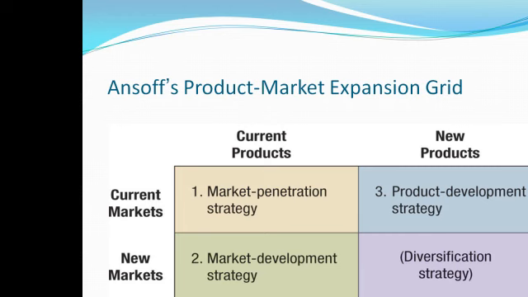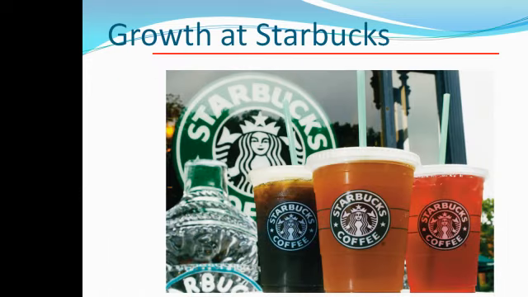It's a tool used by firms to analyze and plan their strategies for growth, and sustainable growth is what they're referring to, and the rate can be calculated by multiplying a company's earnings retention rate by its equity. So this is Mr. Ansoff's expansion grid. Look at, for example, Starbucks and growth.